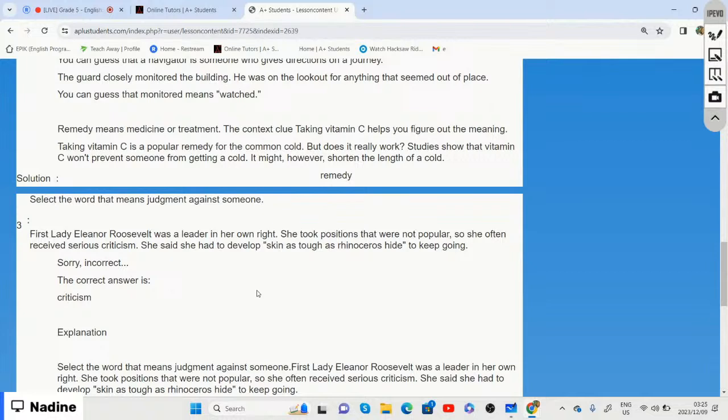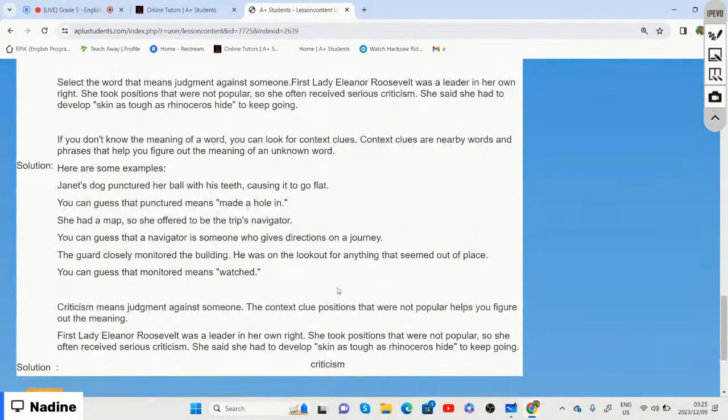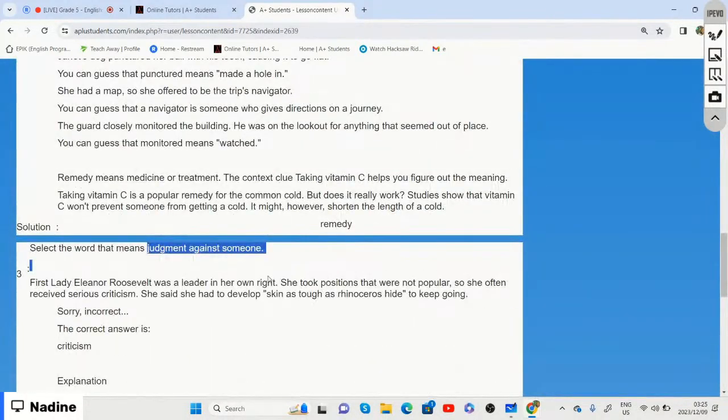Criticism is like critic, a critique. Sometimes people can critique you in a negative way or in a positive way, and that almost shows a form of judgment.